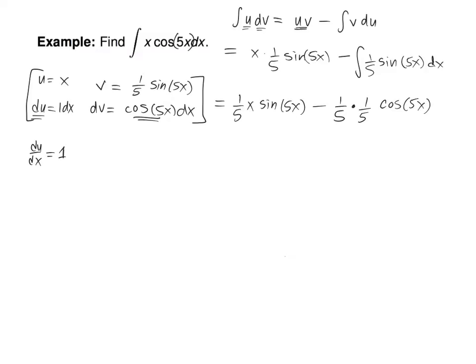So can I just change this to a plus? Okay. And then don't forget your plus c. So your final answer is 1/5 x sine of 5x plus 1/25 cosine of 5x plus c.